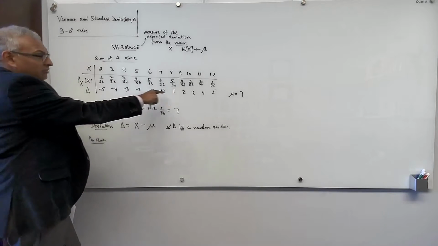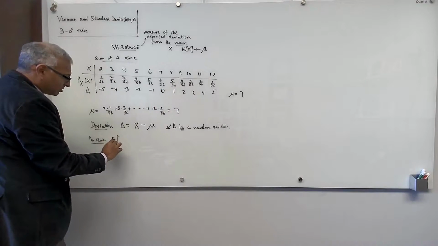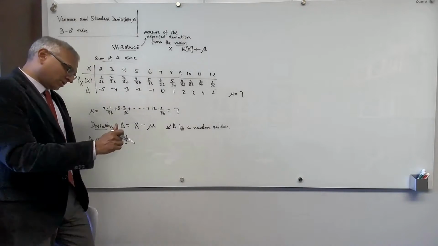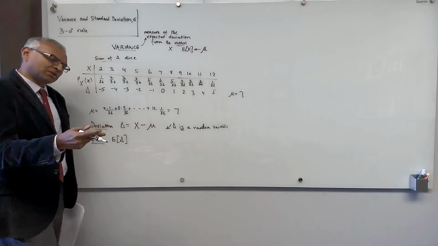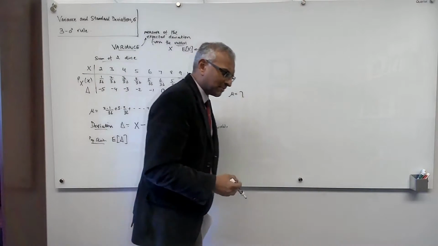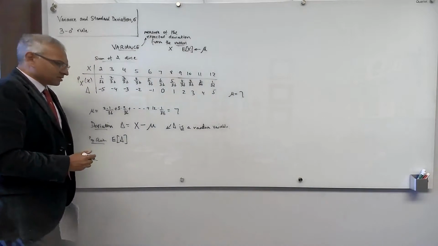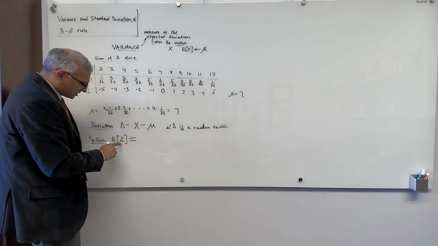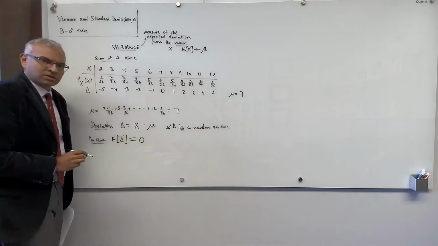So the pop quiz for these deviations: what is the expected value of the deviation? We'll give you 5 seconds. Compute the expected value of the deviation. Pause the video. 1, 2, 3, 4, 5. Okay, so unpause if you're coming back. Great. If you figured out that the deviation has an expected value which is 0, fantastic.